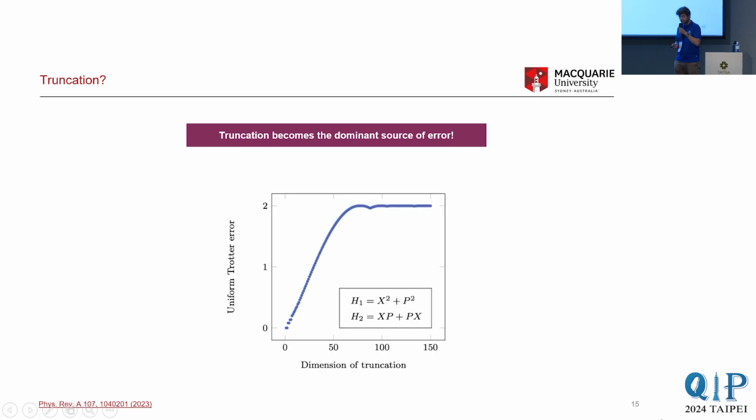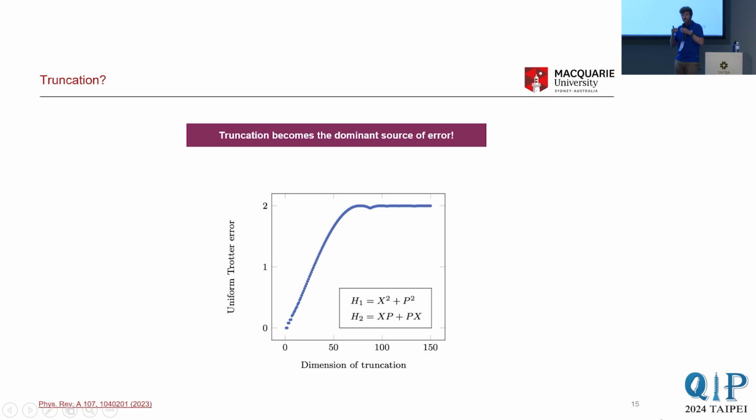From this paper, I also took this graphic here where you basically look at the trotterization between the harmonic oscillator and the generator of the squeezing transformation. You take the number of Trotter steps constant, and you just increase the number of truncation dimensions. And you'll see that you pretty fast reach the number 2 for the Trotter error, which is the maximum you can actually get for the Trotter error.